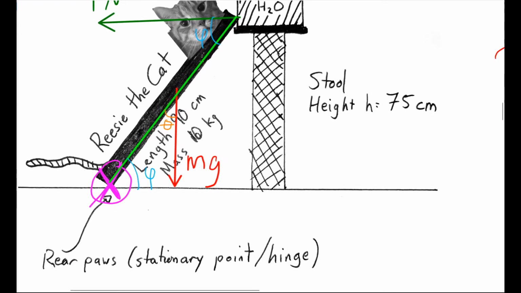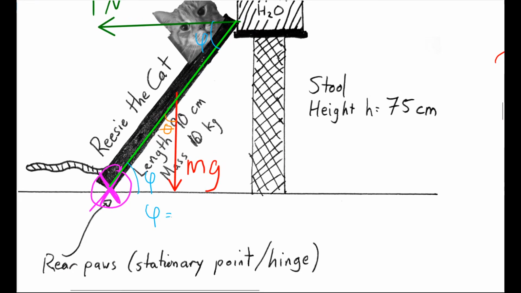So let's see, phi will be the inverse sine, because I know the opposite and the hypotenuse.